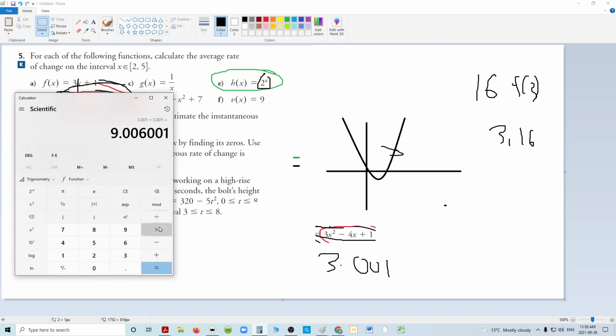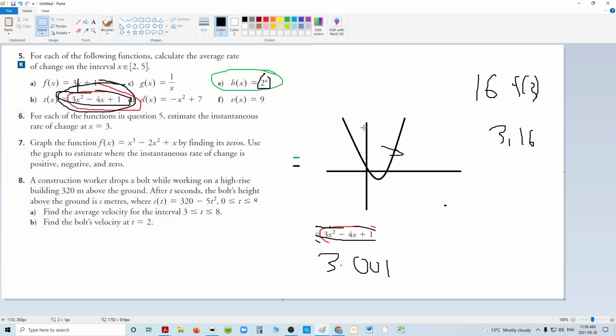I get 9 times 3, 27, minus 4 times 3.001, and then plus 1. And then I have to subtract the y value I found, which was 16, and divide by my h. And I discover 14.03, so it's probably 14 is my instantaneous rate of change.